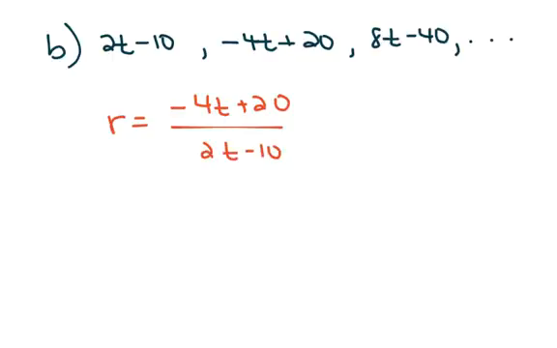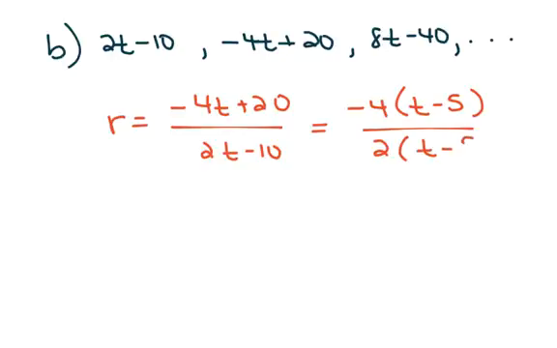Now, some of you may actually be able to just look at it and figure out the answer. But algebraically, you would factor out a negative 4 from the numerator, and you would factor out a 2 from the denominator. And then these are common terms. They get canceled, and you're left with negative 4 over 2, which is negative 2.